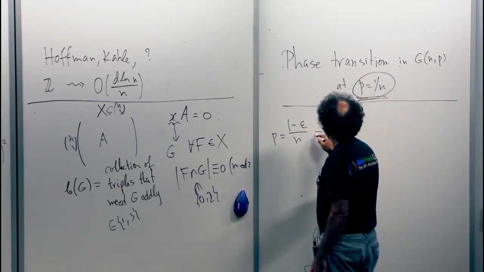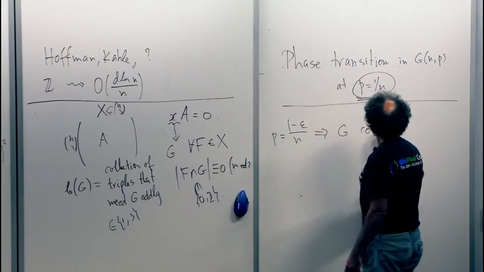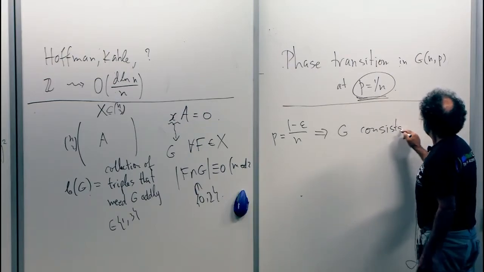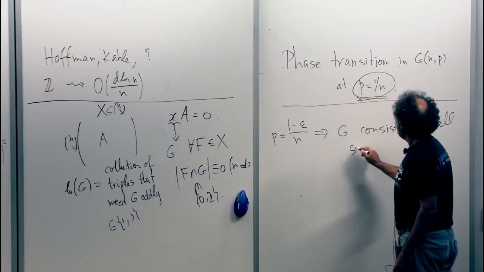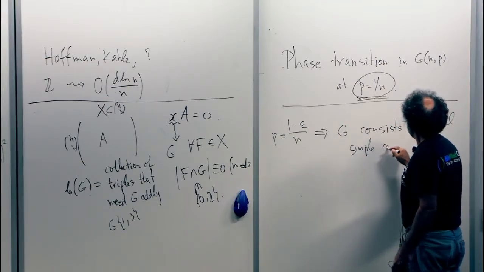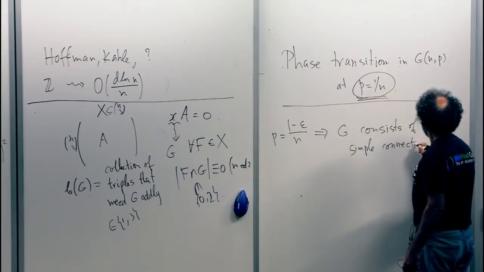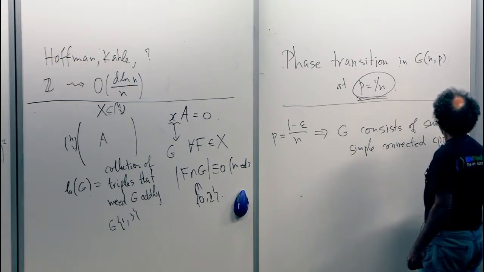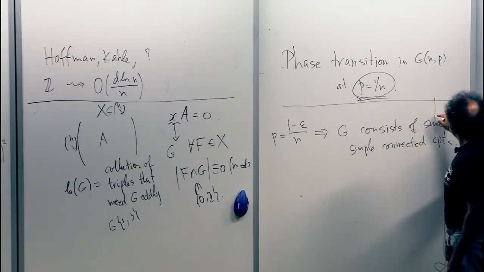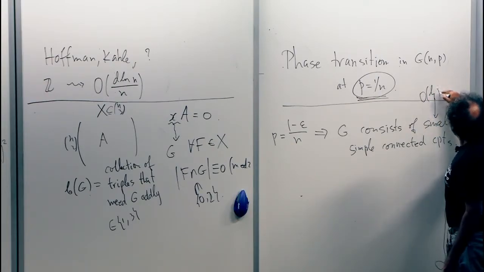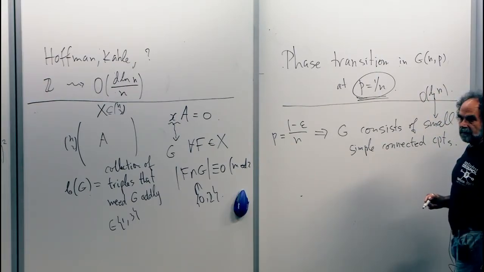But for the purpose of a relatively shallow discussion, if p is (1 minus epsilon) over n for any epsilon positive, then G consists of small, simple connected components. Small means all of them are at most of logarithmic size.